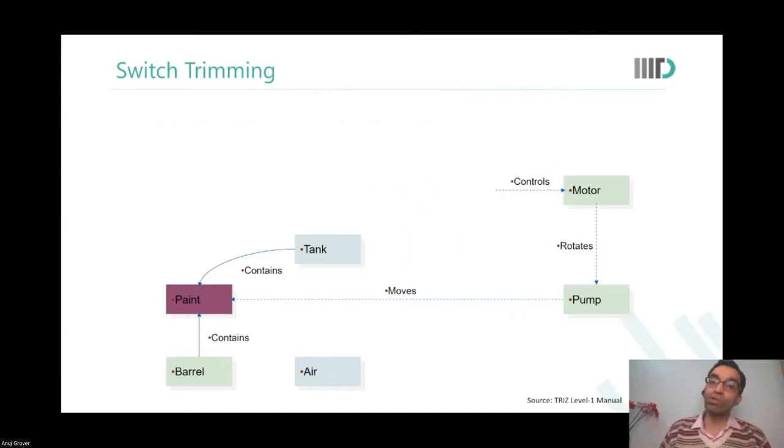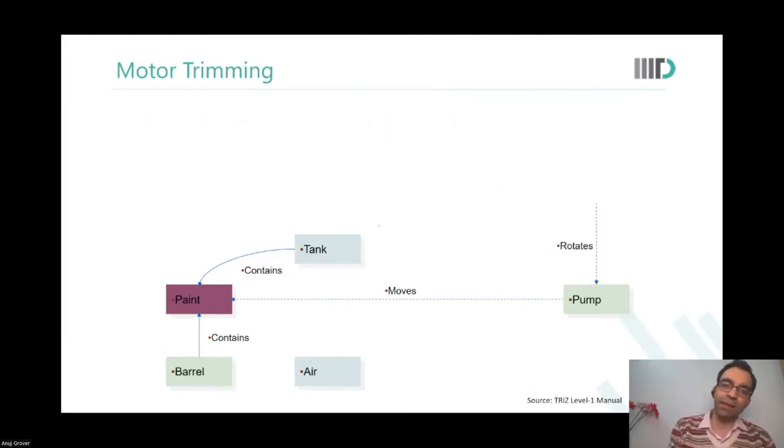Now let us remove the motor also. If the motor does not exist, then something needs to rotate the pump. But you see, pump is performing a basic function. It is working on the paint. If I want to trim the pump, some other thing over here, either the barrel or the air or the tank, has to move the paint because the basic function I cannot remove.